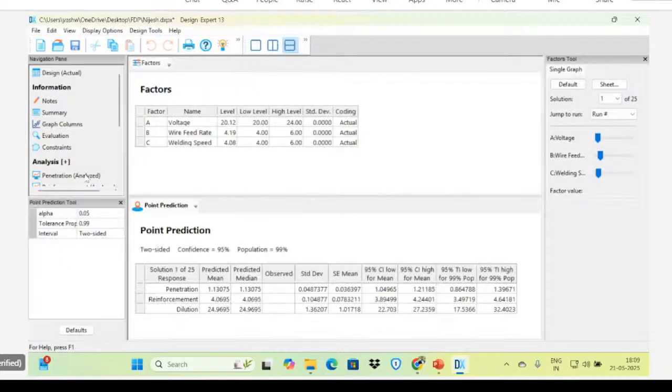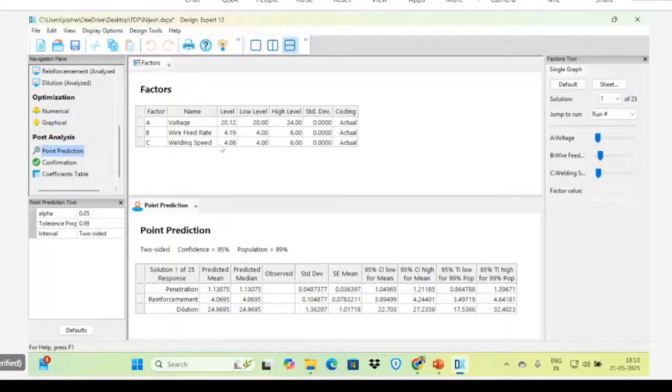This is the post analysis. Post analysis we have to do for the confirmation test. So how can we confirm that these optimized parameters are correct or not? That we have to check. So we have to again go for the experimental setup, and we have to make the same combination of bead for these input parameters: the voltage is 20.12, wire feed rate of 4.19, and welding speed of 4.08.